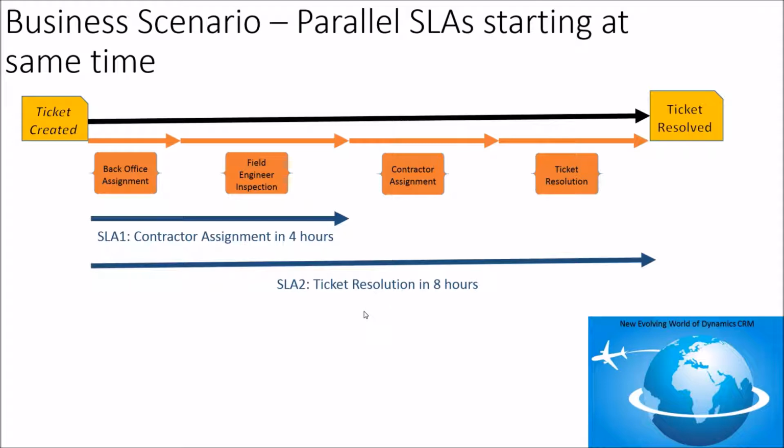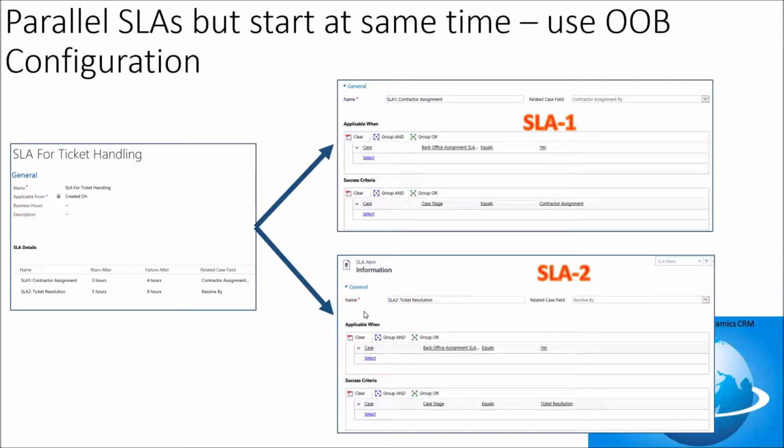Okay, simple. Everything happens inside the SLA framework. So if I see this example over here, I define an SLA which starts on created on. It has two items, SLA1 and SLA2, and then both of them are configured over here with their respective time period and success and applicable when criteria. Very simple, very simple.